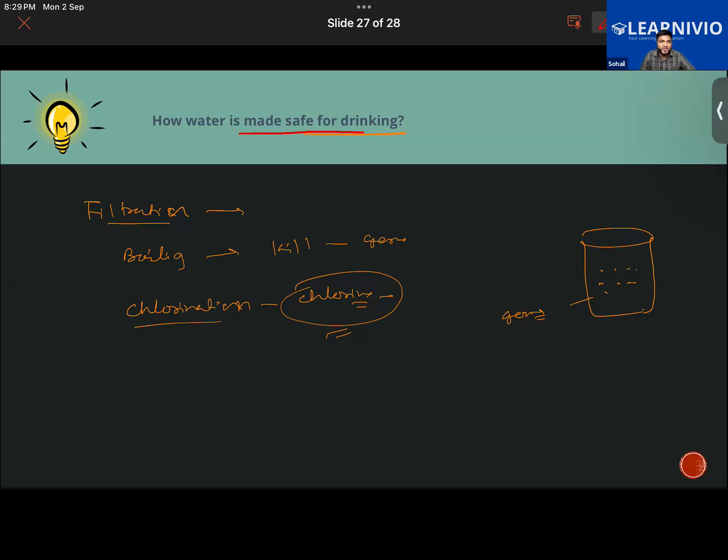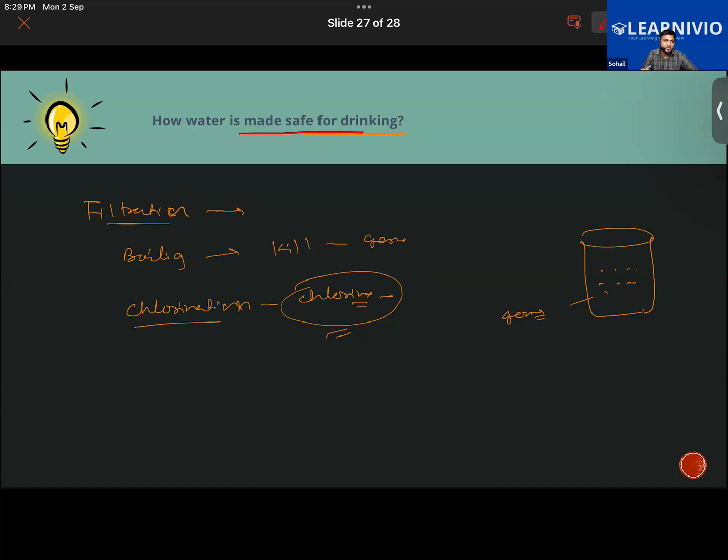Okay, nowadays we also have the technology of reverse osmosis, using which water is cleaned. The reverse osmosis devices which we have at home will be able to remove different kinds of bacteria from the water, like E. coli bacteria, and different kinds of viruses.